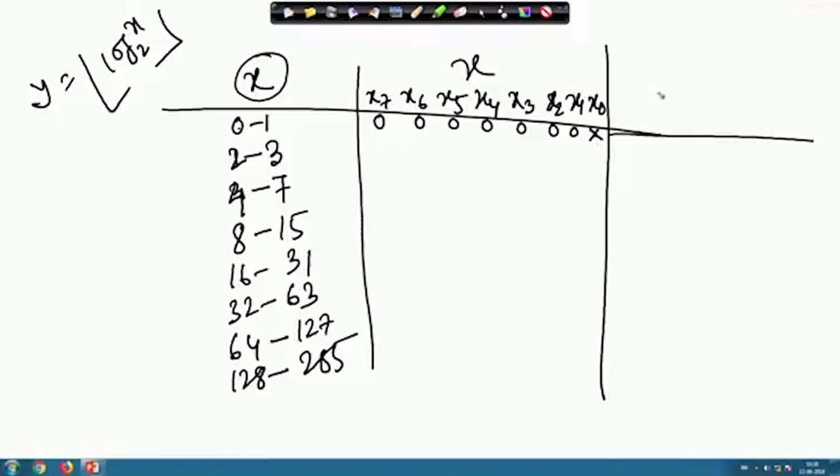So, for that, y2, y1, y0 will be 0 0 0. As this is the 8 bit function I am considering, log 2 base x can be covered within this 3 bit position. Okay. Then what do I need?